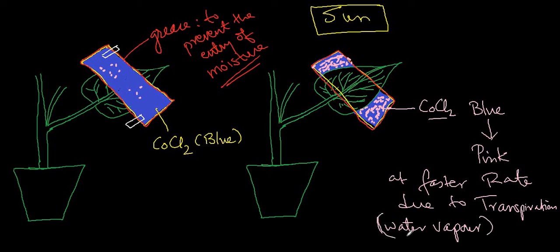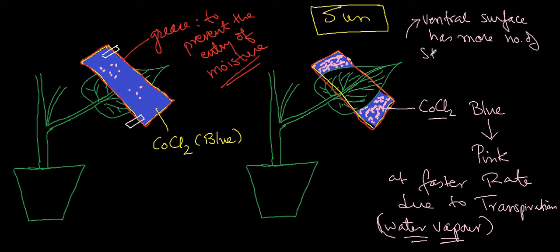So that confirms that in a dorsiventral leaf, the ventral surface has more number of stomata, that is the lower surface has more number of stomata than the upper surface.